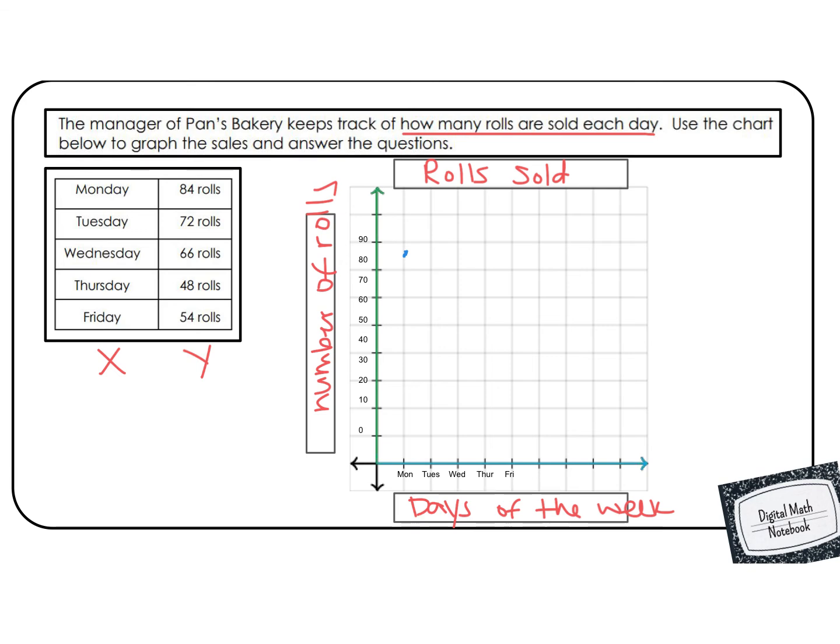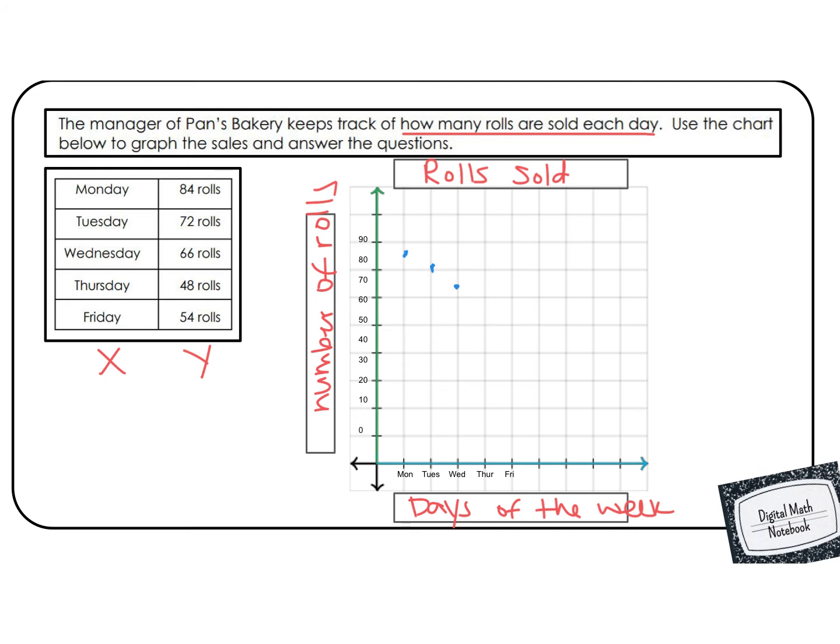Our next point is Tuesday. On Tuesday, he sold 72. So we're going to go over to Tuesday and up to 72. Okay, on Wednesday, he sold 66. So we're going to go to Wednesday, and then we're going to go to 60 and a teensy bit more.